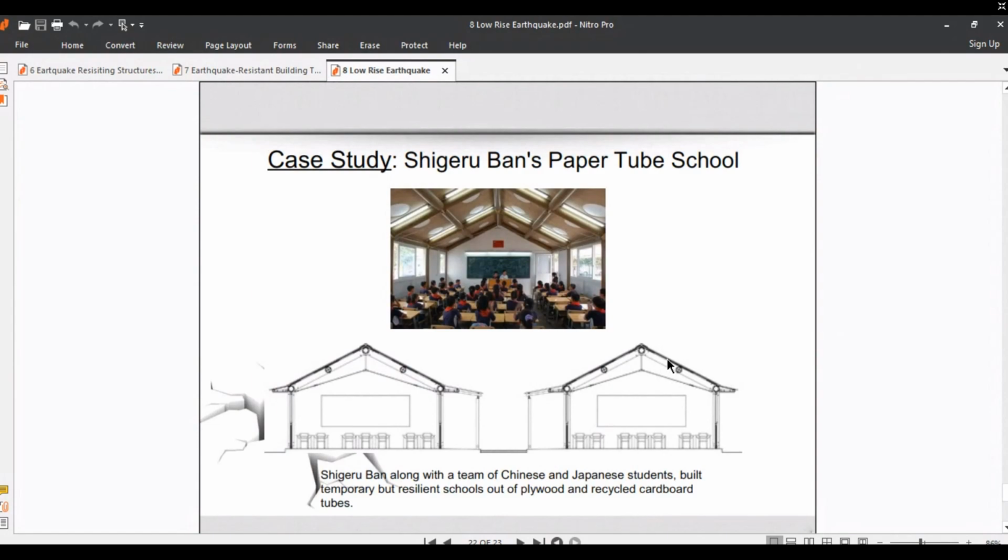Shigeru Ban, along with a team of Chinese and Japanese students, built a temporary but resilient school out of paper and cardboard tubes, using recycled material to design this school.